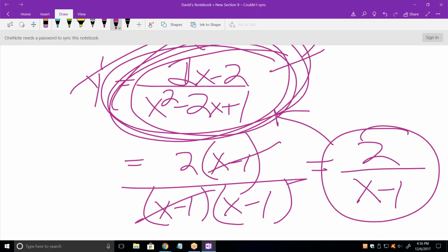It's only after I looked at it that I realized I was going to get an x minus 1 in the numerator and an x minus 1 in the denominator also. So I was able to simplify it. If I made that 3 instead of 2, then that's the final answer, 2x minus 3 over that denominator. I can't simplify it. There's no way to simplify it.